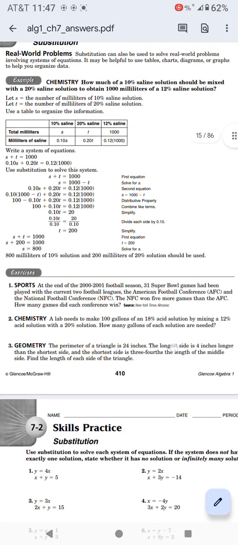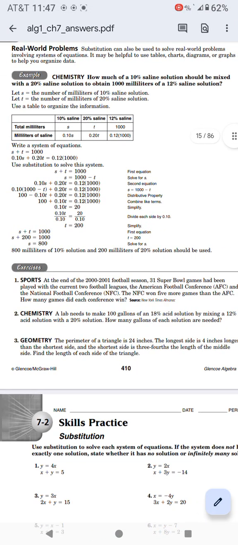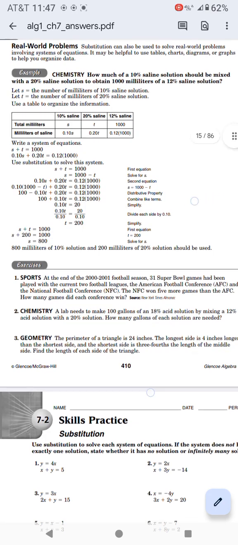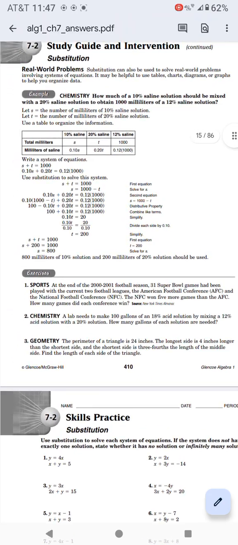For number 2, this is like the example problem we did where we have to pick out our elements and make an equation for each one. It says a lab needs to make 100 gallons of an 18% acid solution by mixing a 12% acid solution with a 20% solution.